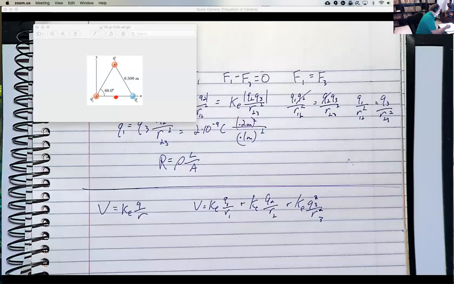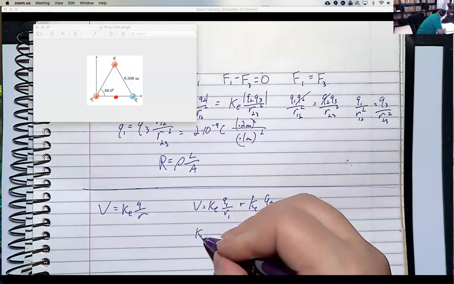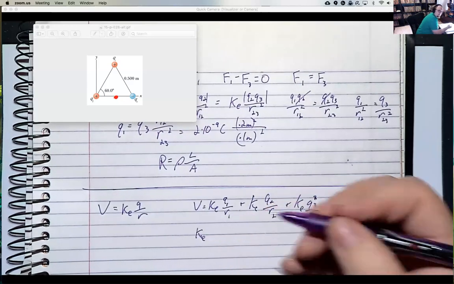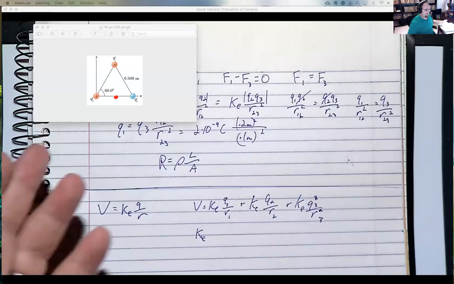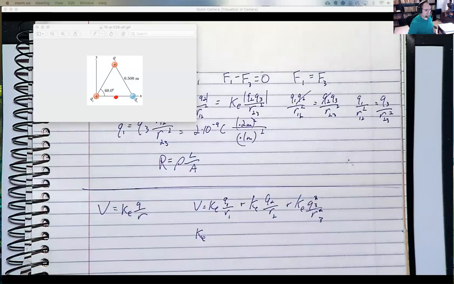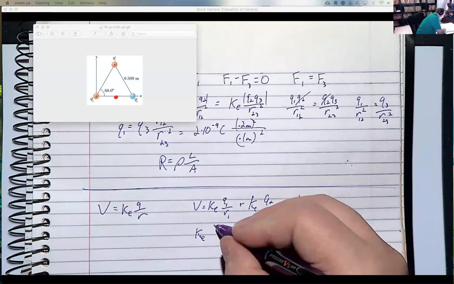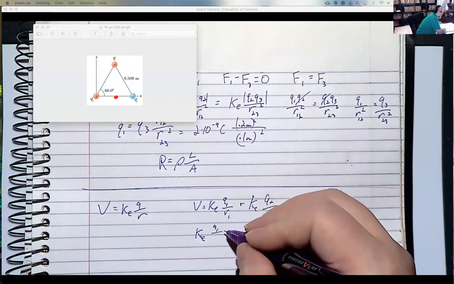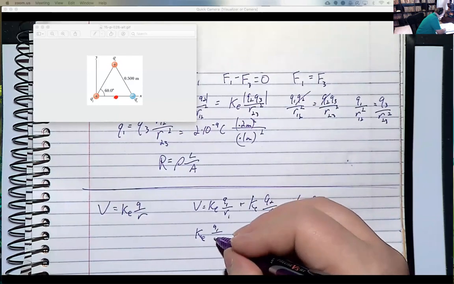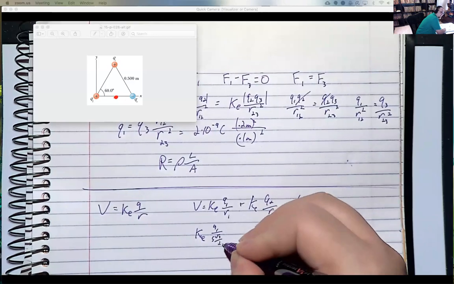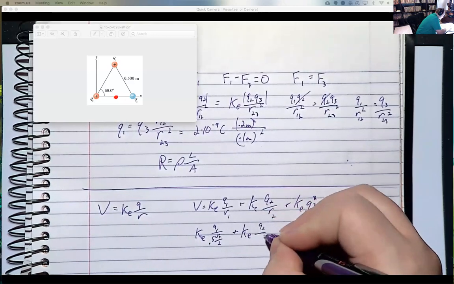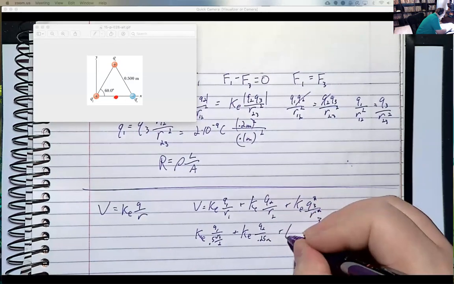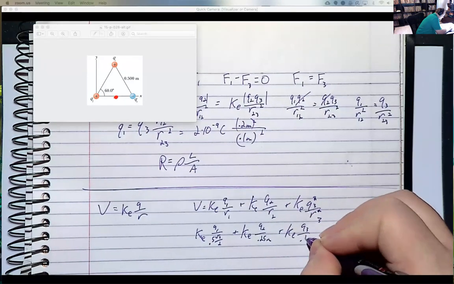And so it would just be KEQ1 over 5 square root of 3 over 2, or 0.5, plus KEQ2 over 0.25, plus KEQ3 over 0.25.